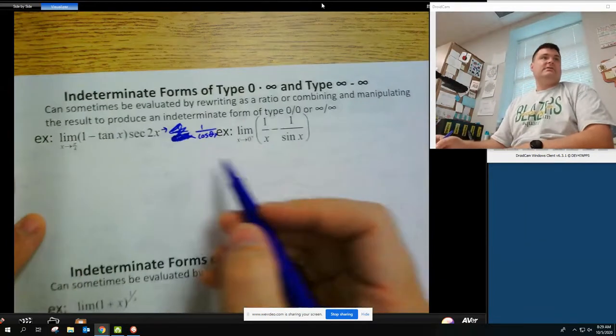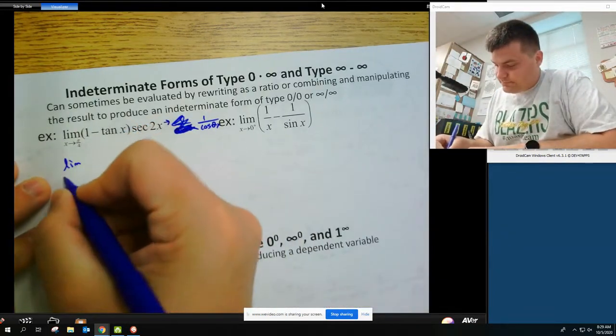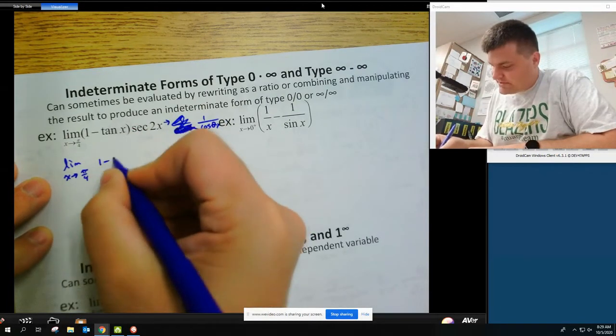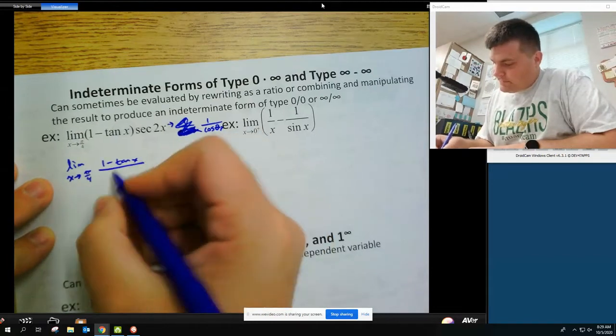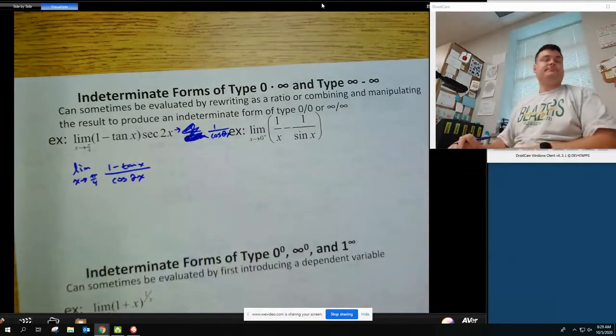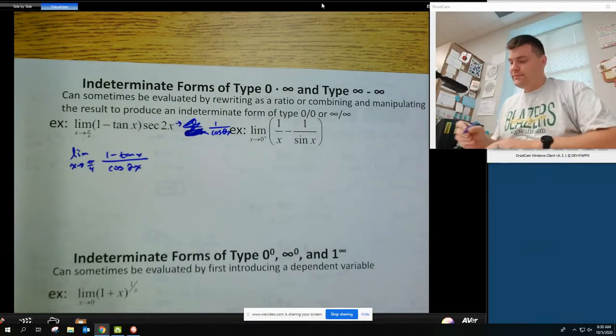Okay? So now since that's written like that, let's just make this into that one fraction. So 1 minus tangent x all over cosine 2x. And there you go. Now it's L'Hopitalable.